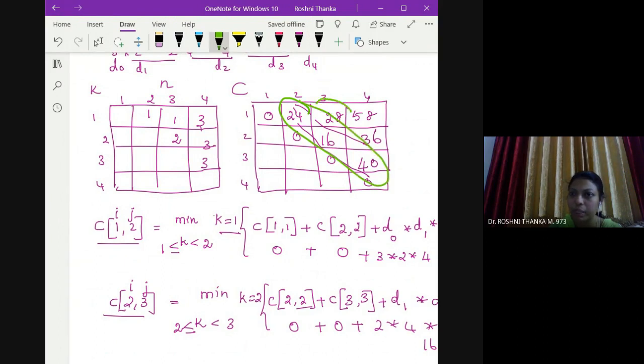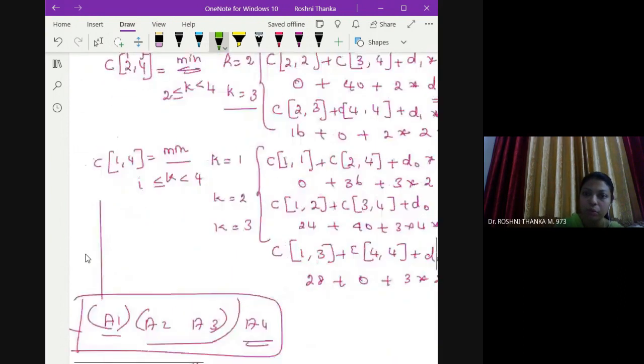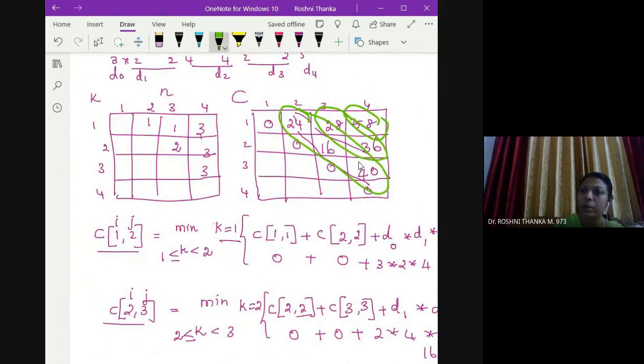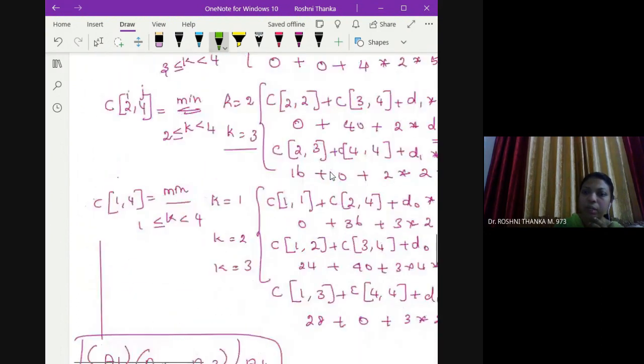Next we calculated this diagonal, and then finally this diagonal. So every time we go through 3, then 2, then 1, and that is denoted by the outer for loop. And for each one we have to calculate the row values, here 1, 2, 3. That is denoted by the next for loop.